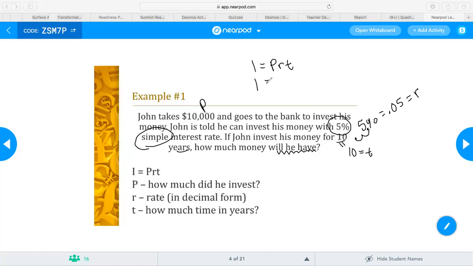So I equals, the principal was what? 10,000. So I'm going to plug that in for P. The R was what? 5%. As a decimal, that's 0.05. And the T is 10 years.